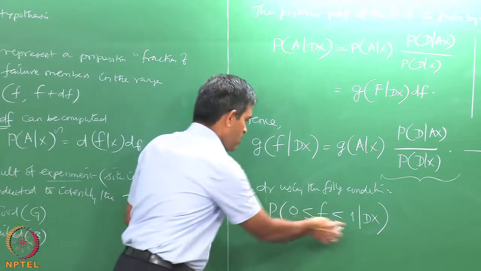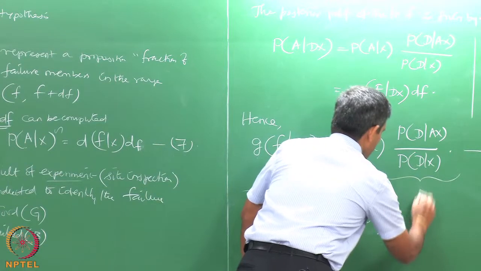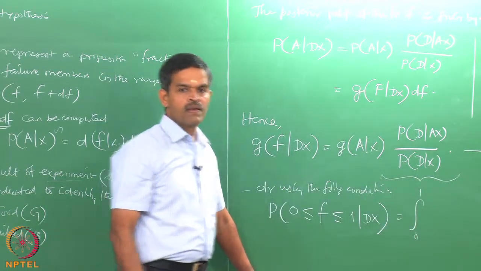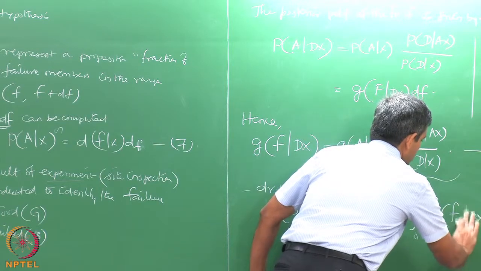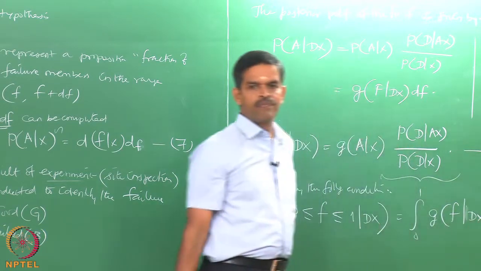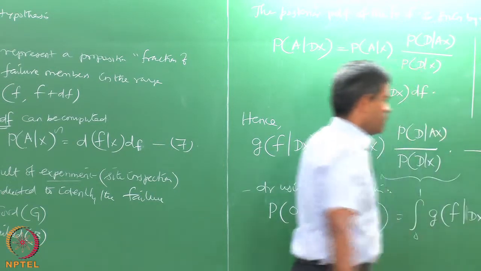So, between 0 and 1, which can be said as the integral from 0 to 1 of g of f given dx df, which obviously will be equal to 1.